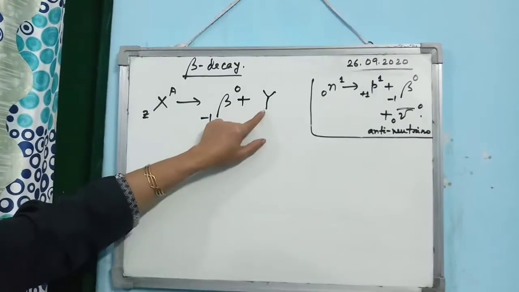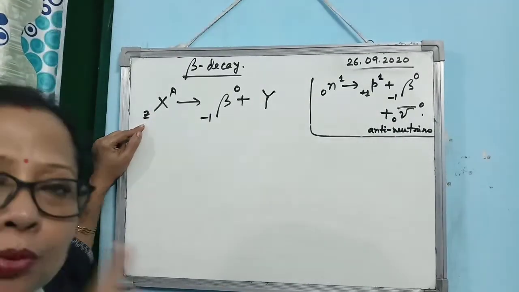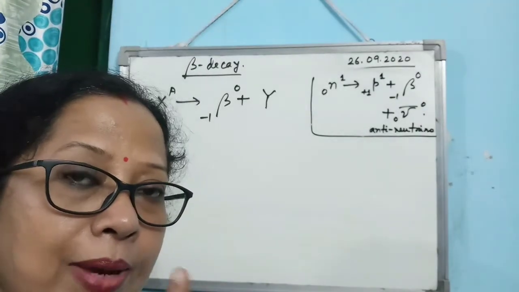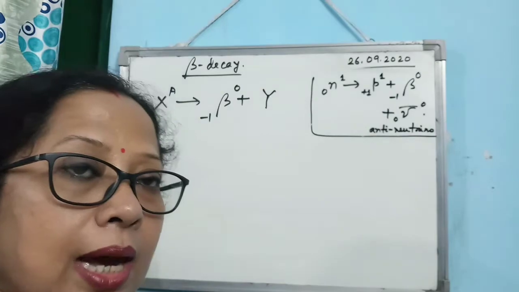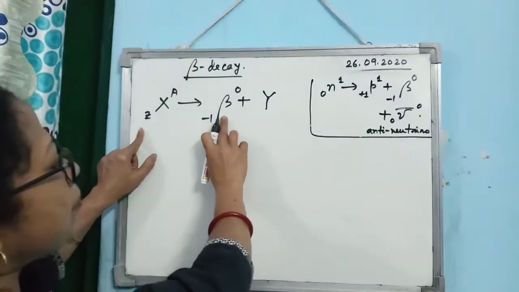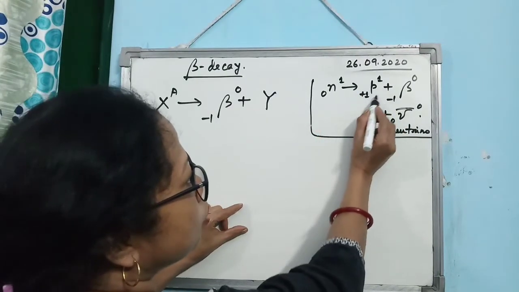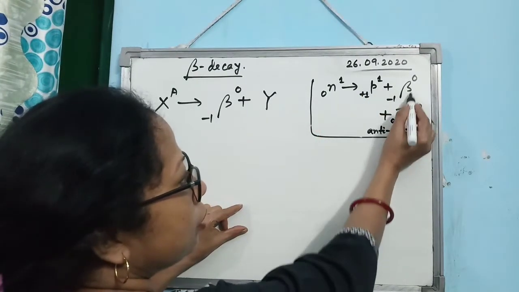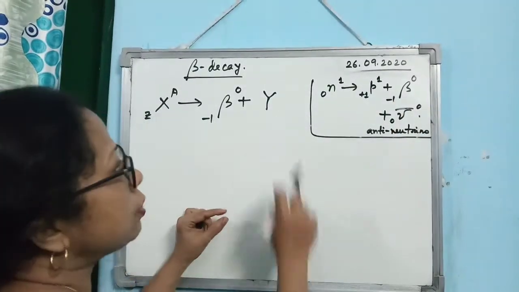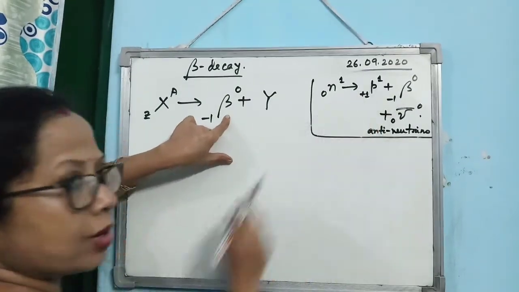The parent nucleus has Z protons. Now, when a beta particle is emitted, one neutron is converted into one proton, a beta particle and an antineutrino. Beta and antineutrino come out, and the proton stays back. So for the daughter nucleus, one beta particle means one extra proton.